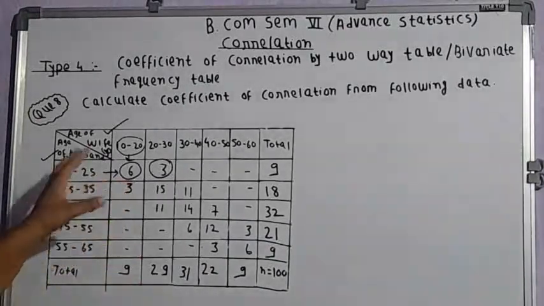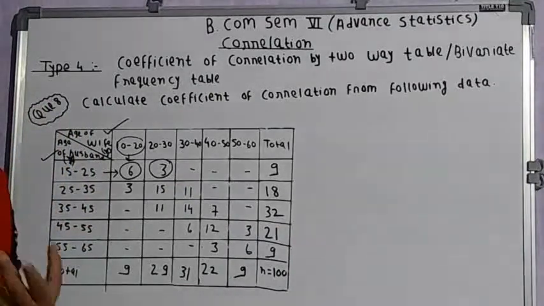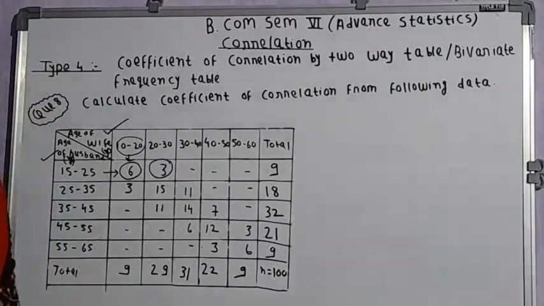Now, whenever we have been given frequencies in the question, we have to make a little modification in the formula. What is going to be the modification?